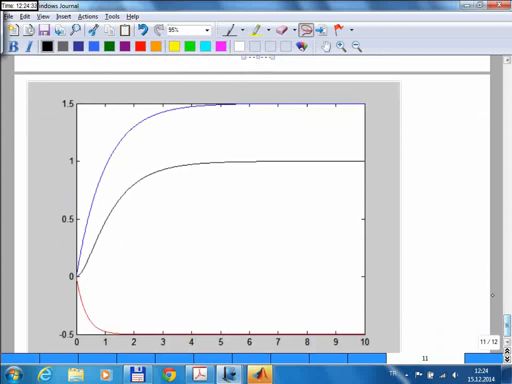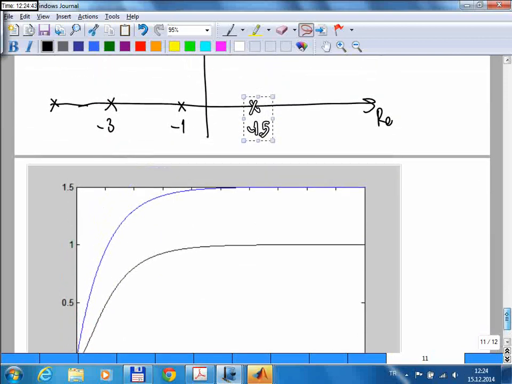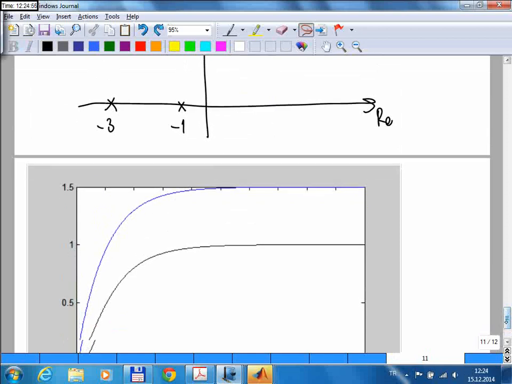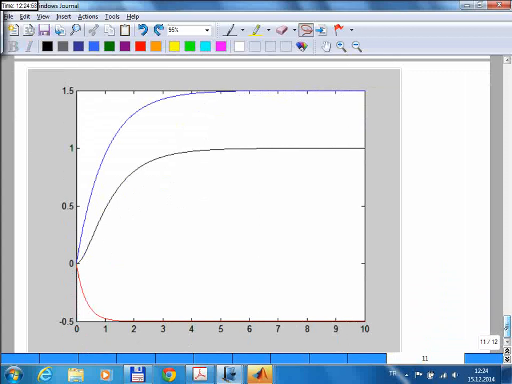Okay, so you may have like 10 of these convergent responses, but having just one divergent response may cause the overall response to diverge, because the total response is the sum of all the individual responses. Okay?